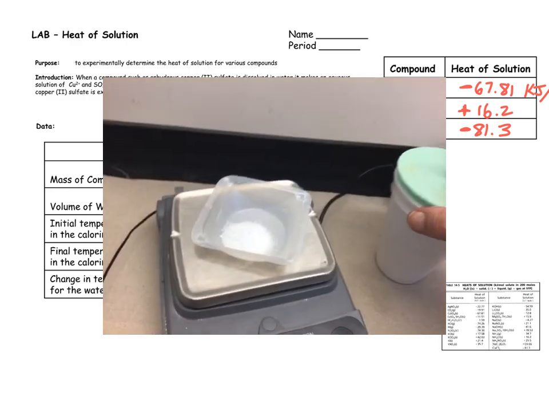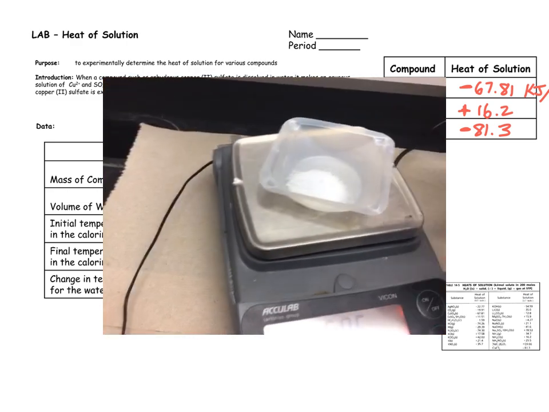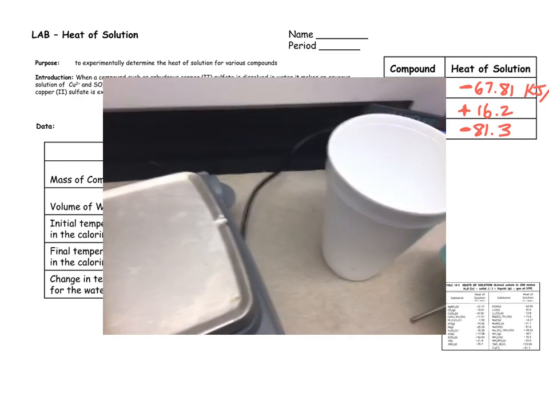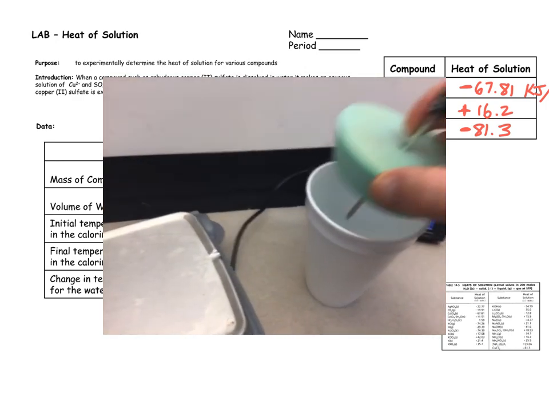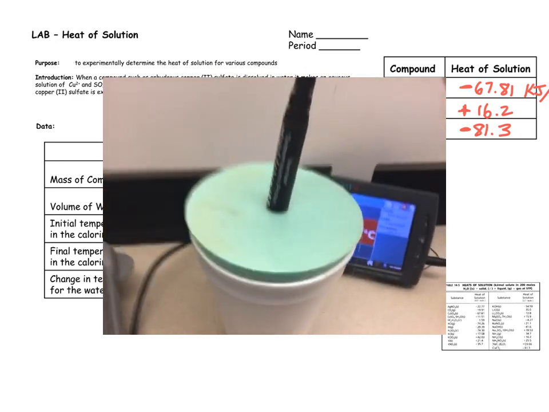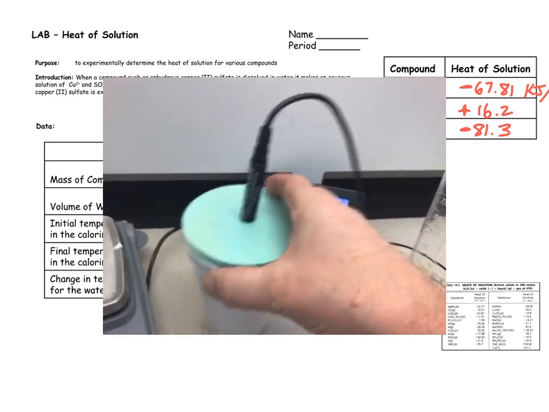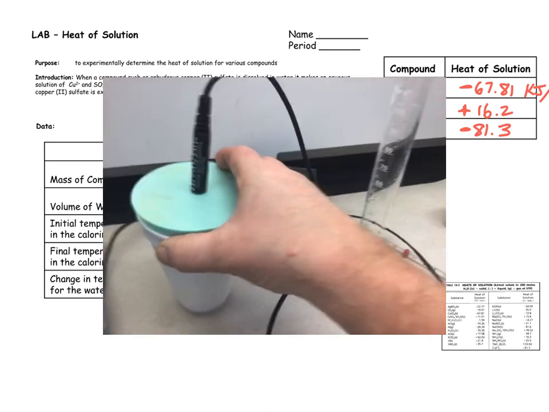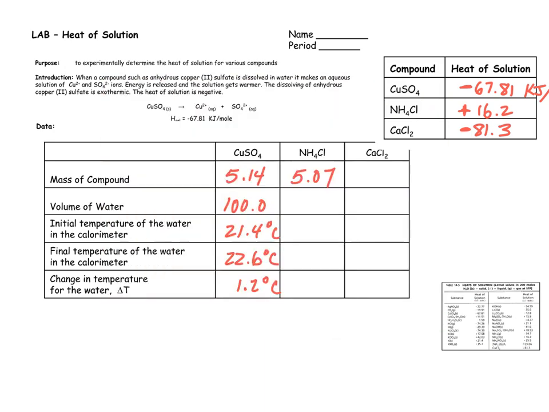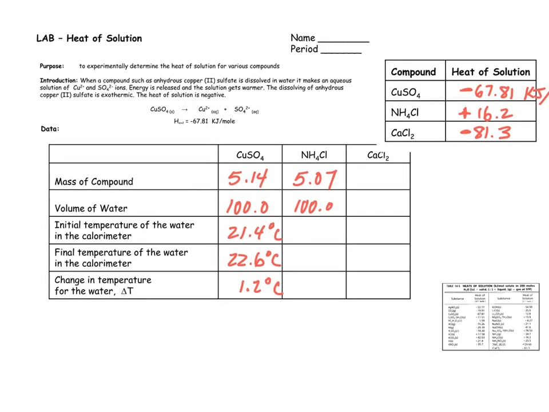Now we add the compound to the calorimeter. And we let it mix. Right, let's record some data. Again, we used 100 milliliters of water, and the initial temperature was 21.9 degrees Celsius.